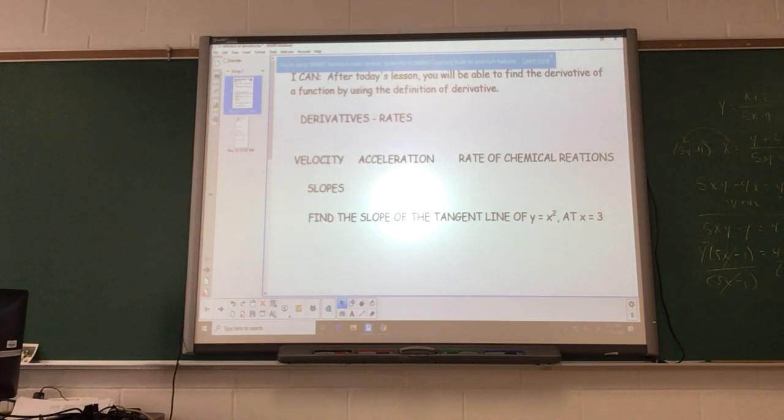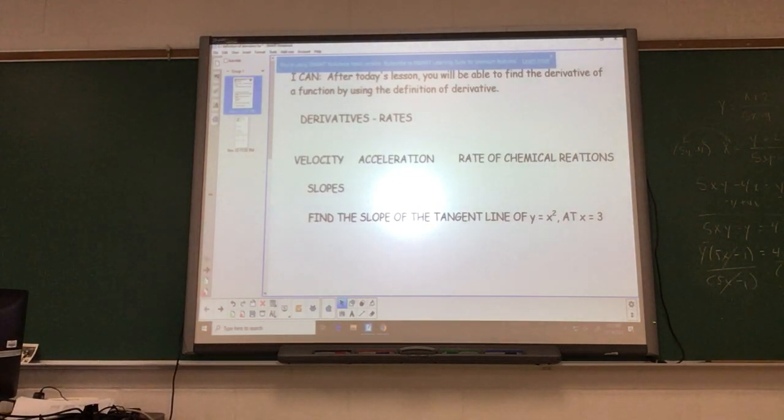These are all rates. And believe it or not, we've dealt with derivatives already. We just didn't call it a derivative.